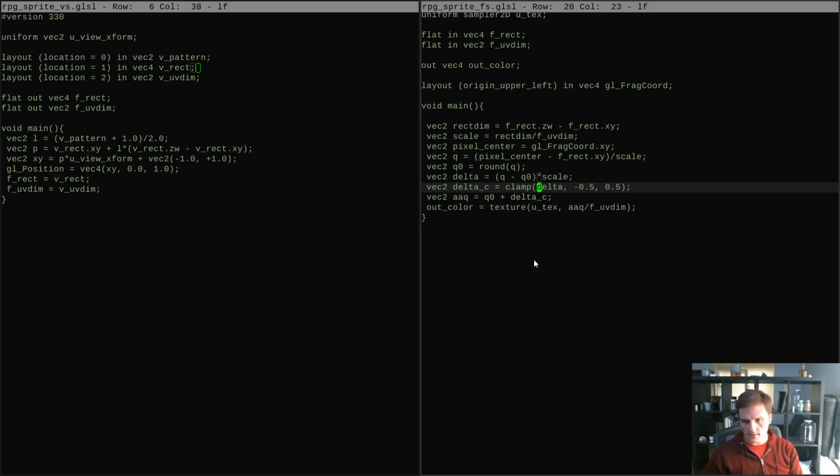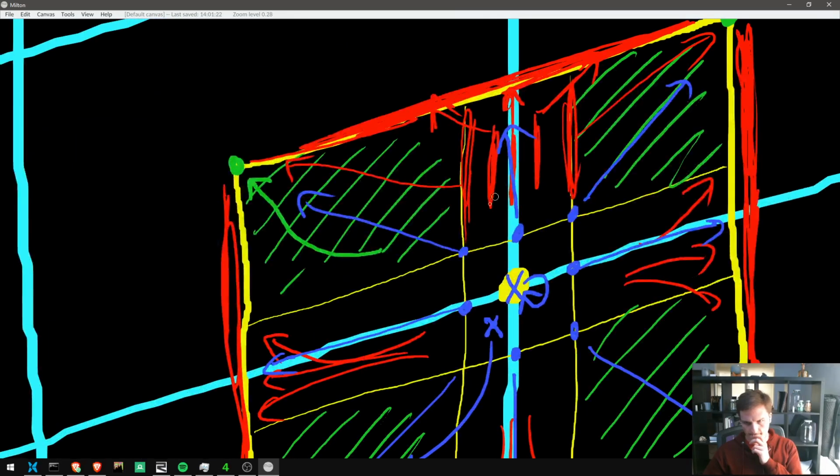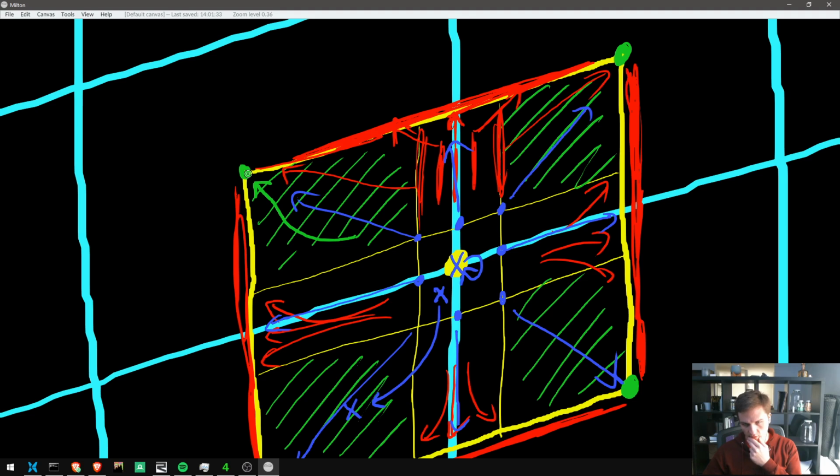So maybe this isn't actually about inverting, this isn't a mapping from... this would be negative 0.5, negative 0.5.